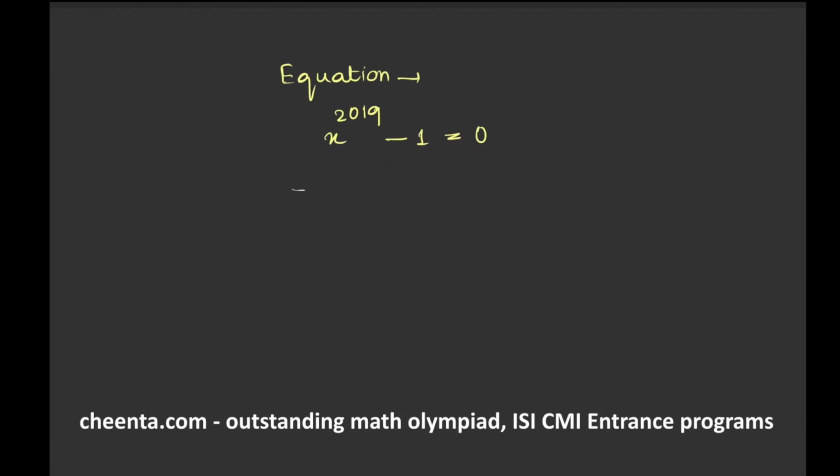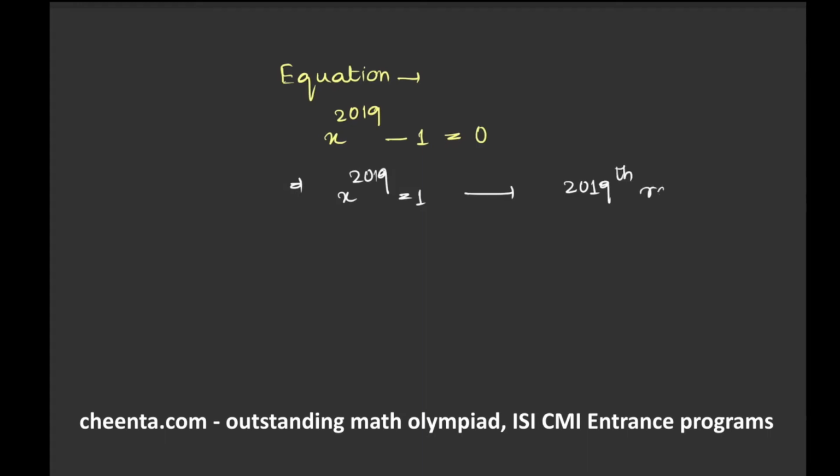This translates into the equation x to the power 2019 equals 1, and this gives us the 2019 roots of unity as its solution.